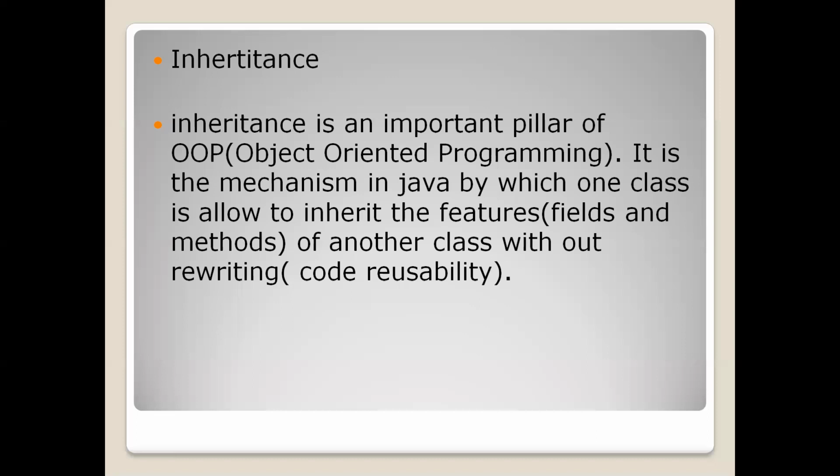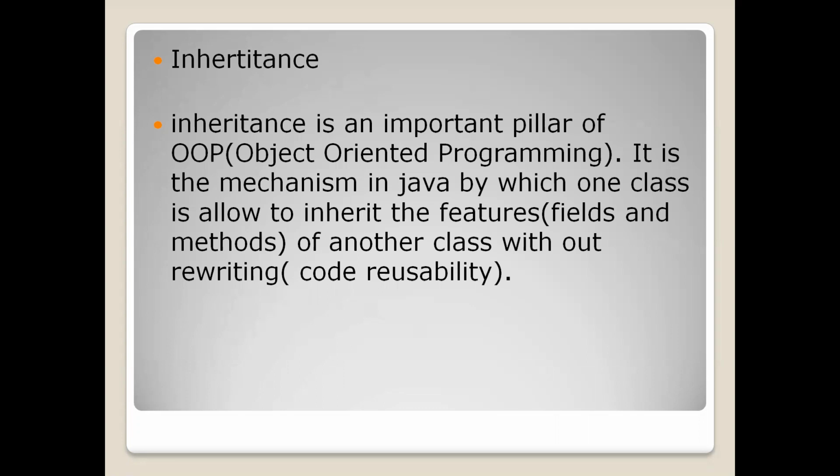If class B wants the same variables and methods, now class B will use the variables and methods of class A without rewriting. This type of mechanism is called inheritance. When we say without rewriting, that means code reusability, right? Code reusability is also one of the major features of the Java programming language.